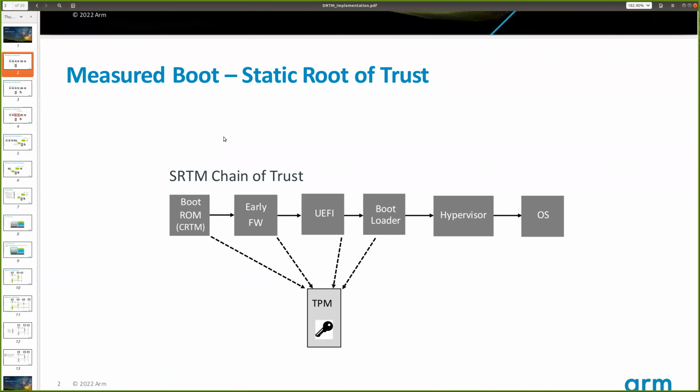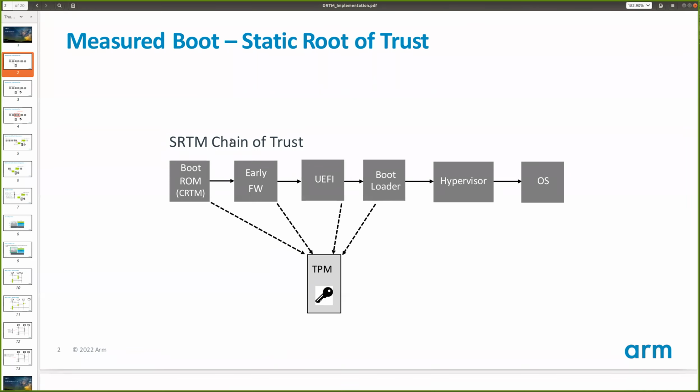That means a hash of that component is computed and stored in the TPM. That's one of the key capabilities the TPM has. This is a little different than your normal verified boot, where you're using digital signatures. With measured boot, you record hashes, and then later you can have a security policy around that.